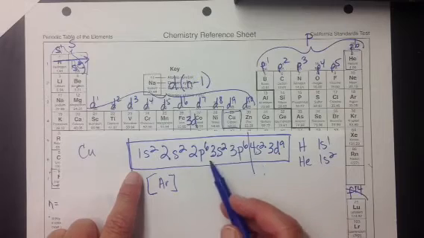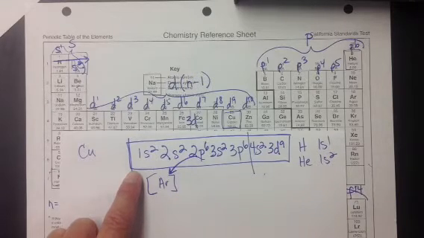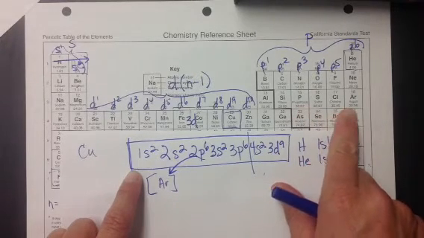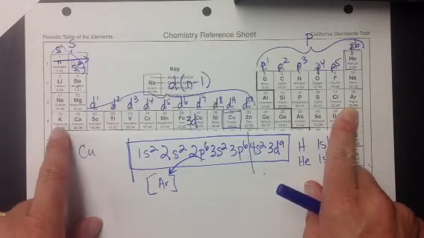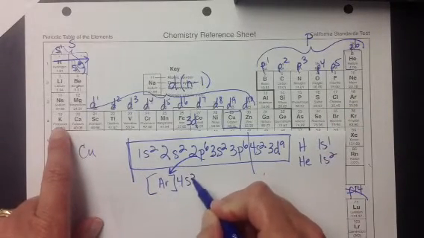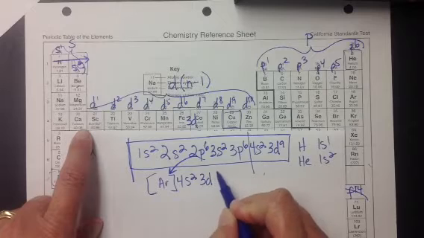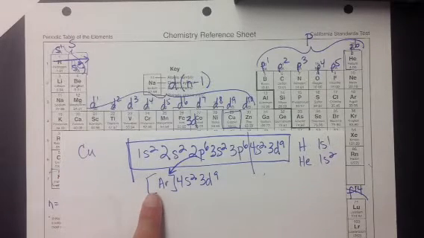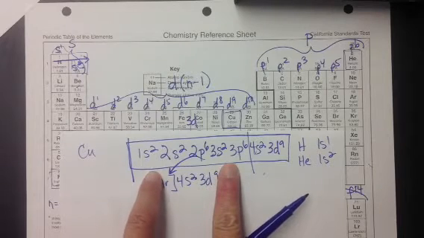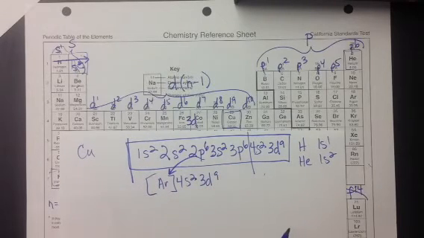All of that is taken care of by writing argon in square brackets. Then I would just go on from there. So after argon, I would say, okay, I have 4s2, and then 3d9. So this would be the noble gas notation for copper, which is a lot shorter than writing the full electron configuration for copper, which would be that.